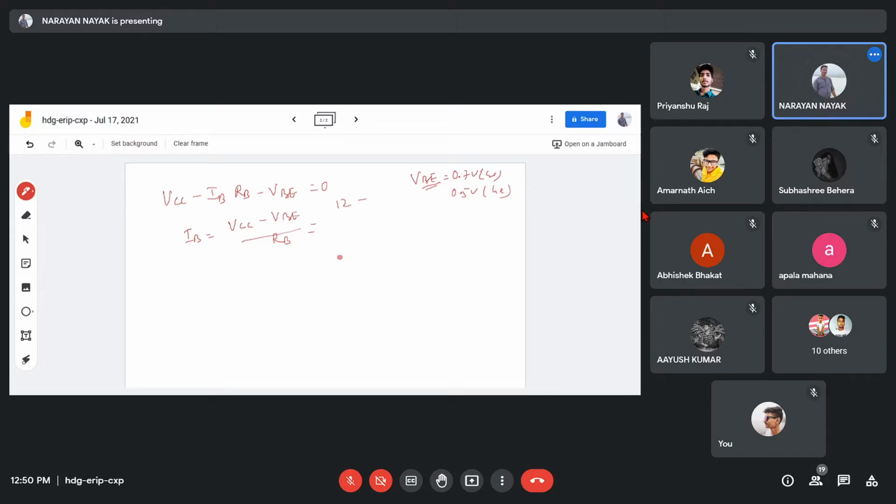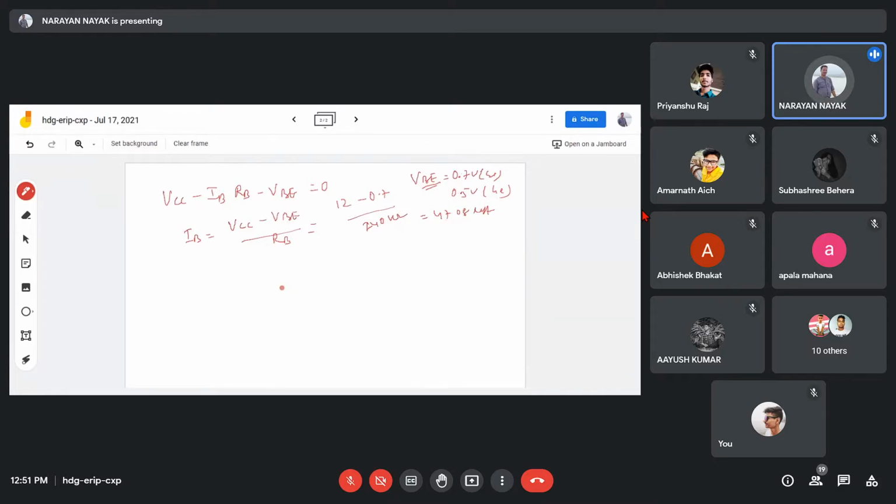Clear? So it is 12 minus 0.7 over RB. Base resistor resistance is how much? 240 kilo ohm. So the total IB you get here is 47.08 microampere.